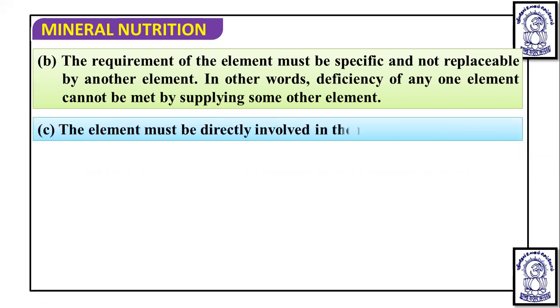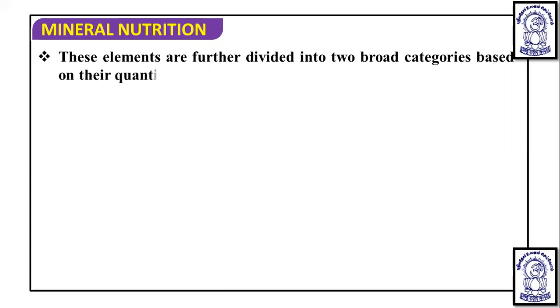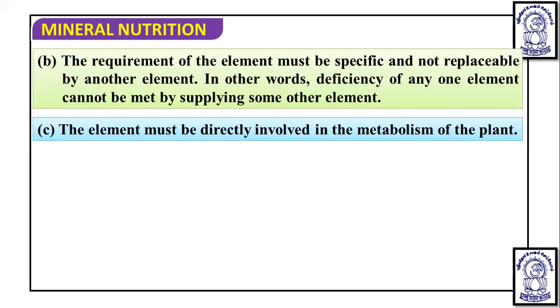And the third criterion is that the element must be directly involved in the metabolism of the plant. So these three are the important essentiality criteria used to define an element as essential.